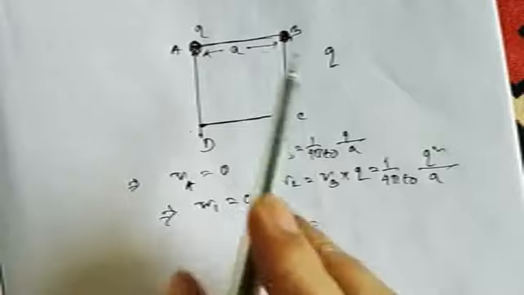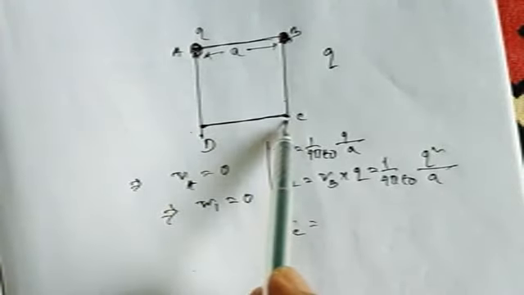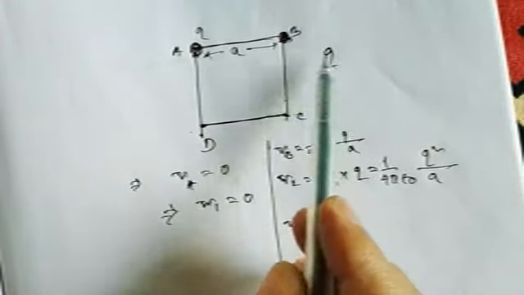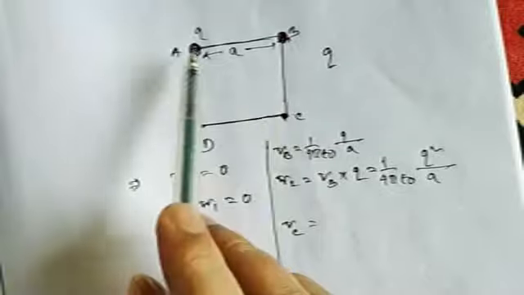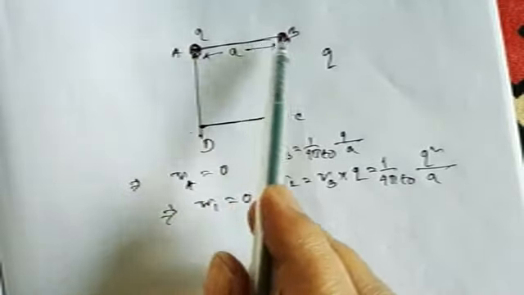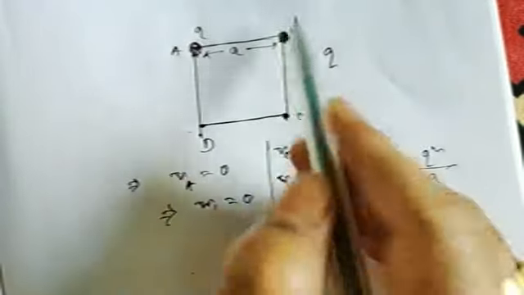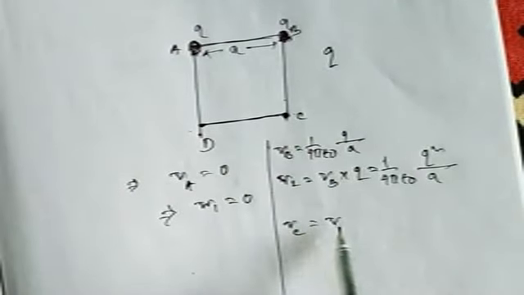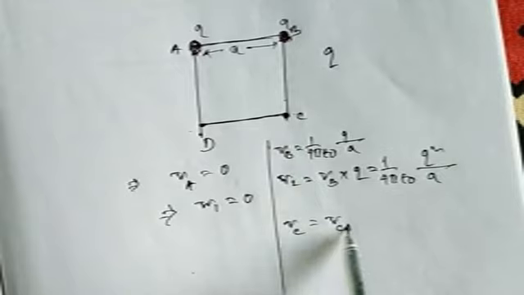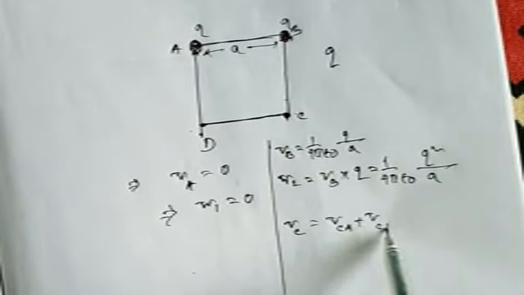Now what about C? At this point if anyone wants to put the same charge q, he can find out a potential due to charge q here, and here is also a charge q, means VC will be VCA plus VCB.